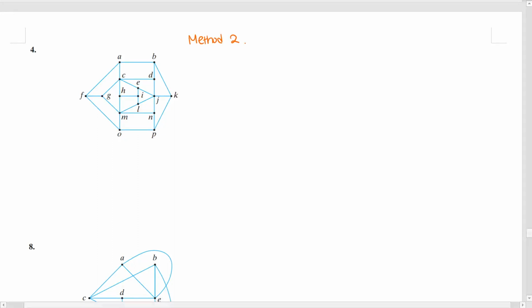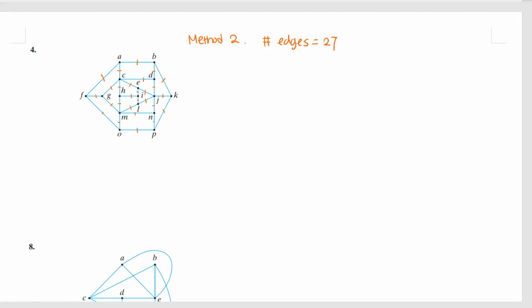So again, we want to count the number of edges. So the number of edges equals, let's count. 1, 2, 3, 4, 5, 6, 7, 8, 9, 10, 11, 12, 13, 14, 15, 16, 17, 18, 19, 20, 21, 22, 23, 24, 25, 26, 27.